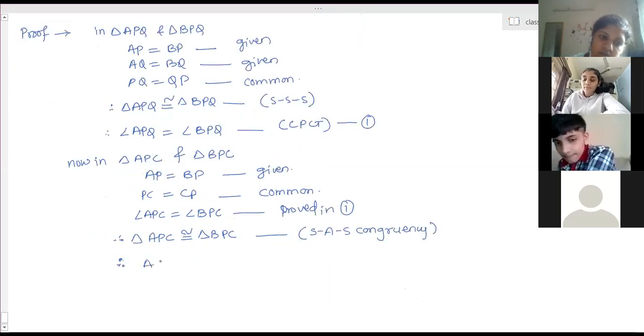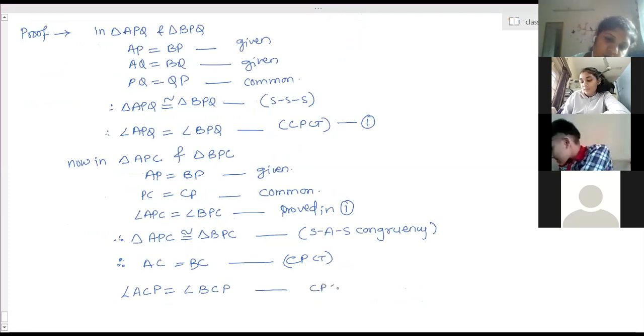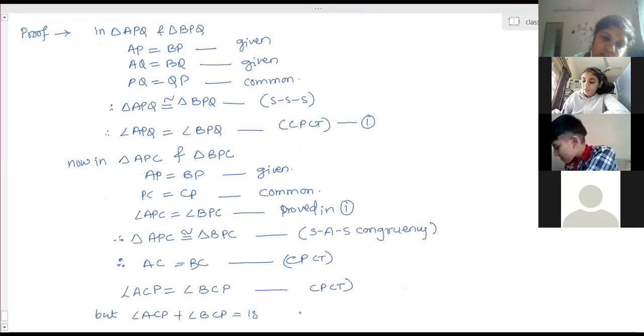Therefore, AC is equal to BC, CPCT, angle ACP is equal to angle BCP, CPCT. But angle ACP plus angle BCP is equal to 180 degrees, linear pair.